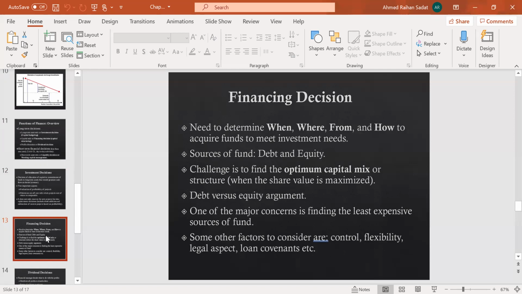What is the main argument? First of all, debt is less costly, and equity is more costly. Why is debt less costly? Let's say you have a company and I am an investor. If I invest in your company as a debt holder, it means you are bound to pay me.